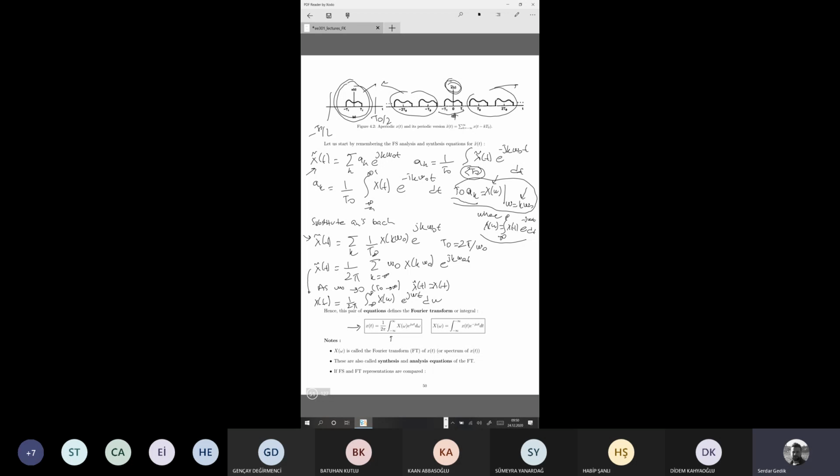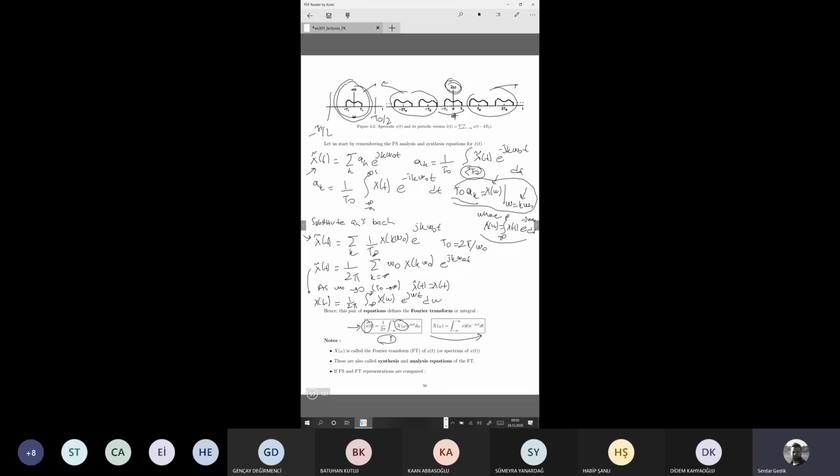So I have also the actual transform from x of t to X of omega. By the way, this was the inverse Fourier transform. So you have X of omega in Fourier representation, or in frequency representation, and this is x of t. And this is the forward formula.